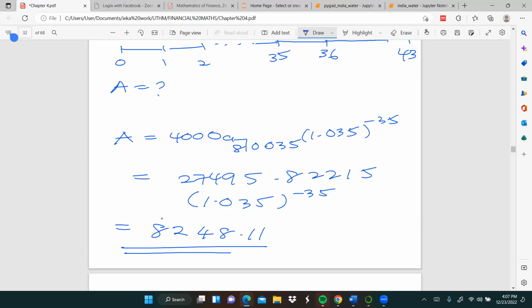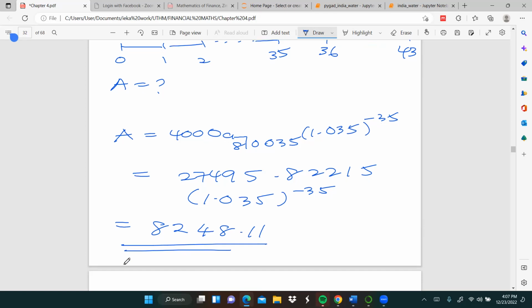Dan kenapa dia 1 plus I to the power of negative K? K kita tu yang 35. Kenapa bukan 36? Always remember K is time of the first payment minus 1. So first payment dia tu adalah pada masa yang 36 tu. So kena tolakkan 1. Itu adalah kita punya K. Okay, so untuk deferred annuity ni dia lain sikit.